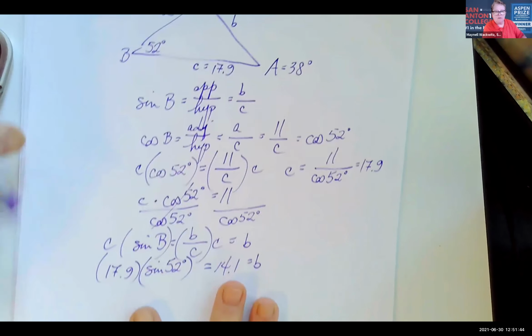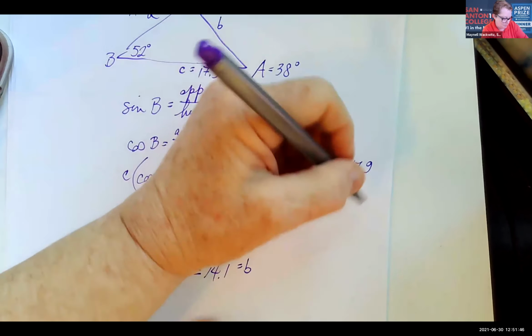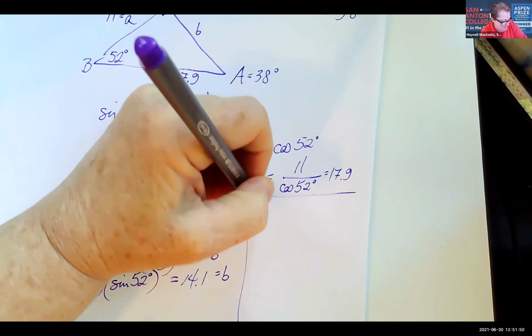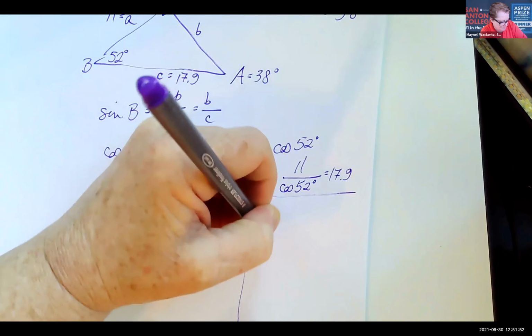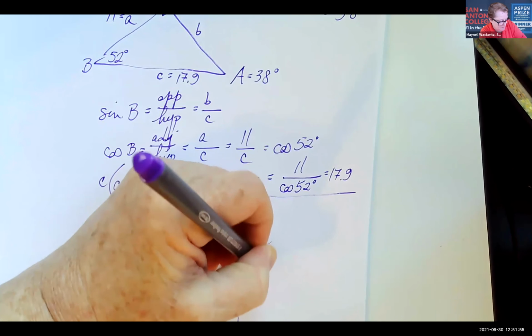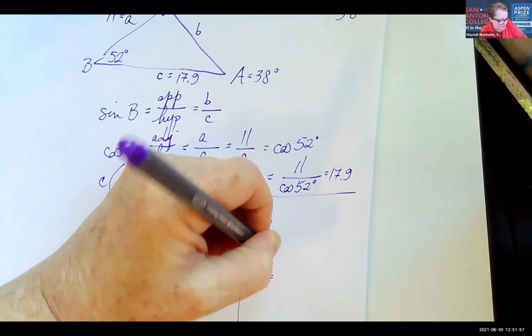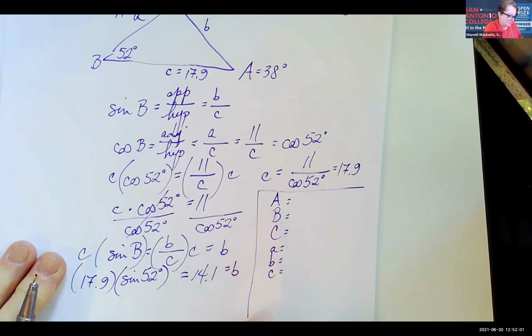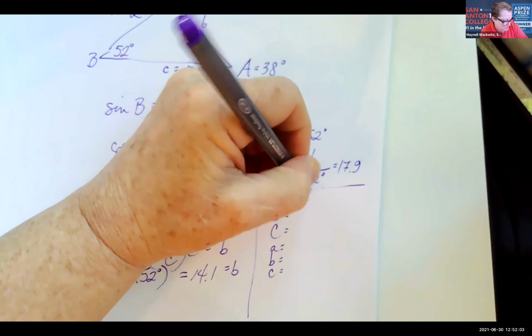When you're solving a triangle and your work is all over the place like mine is, it's always nice at the end to list everything, even the things you were given. So we found out that angle A was 38 degrees.